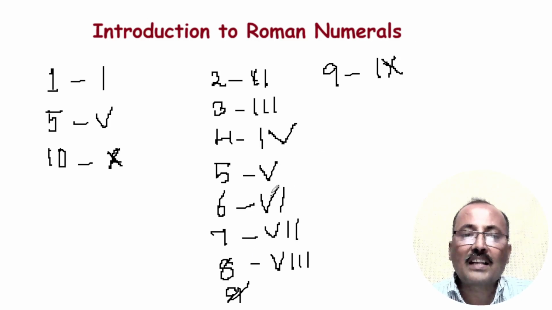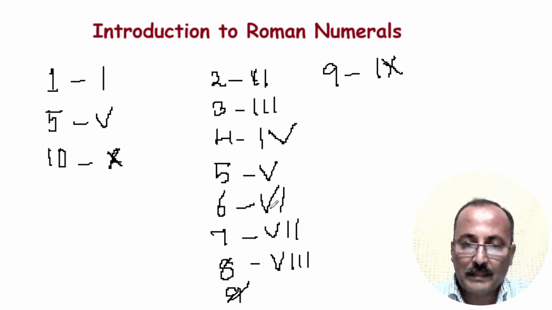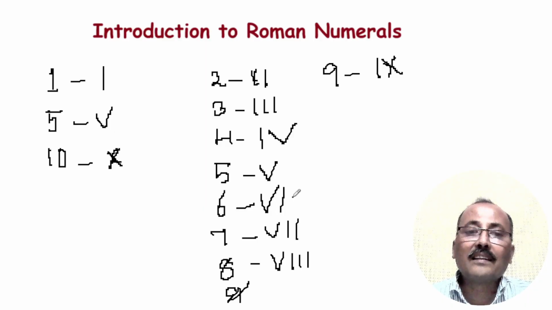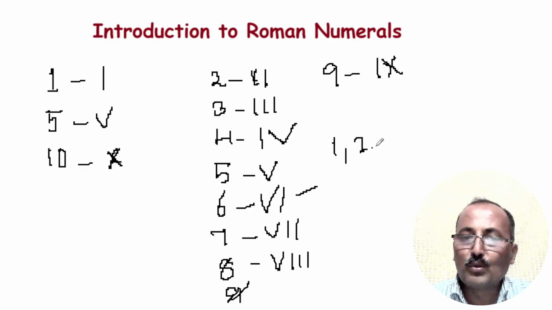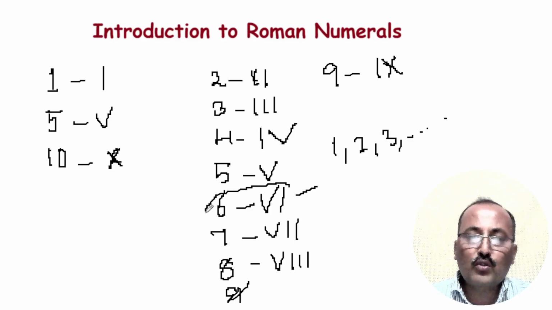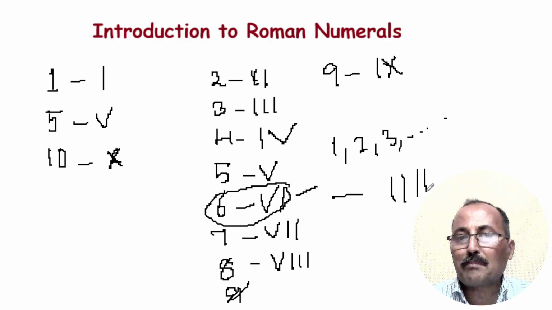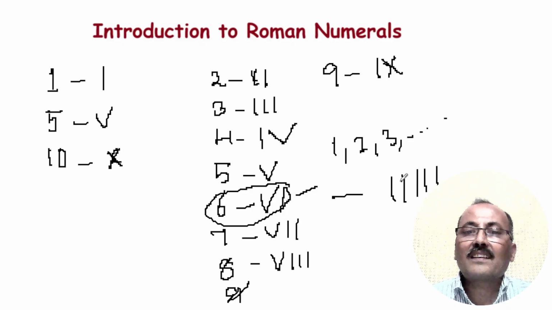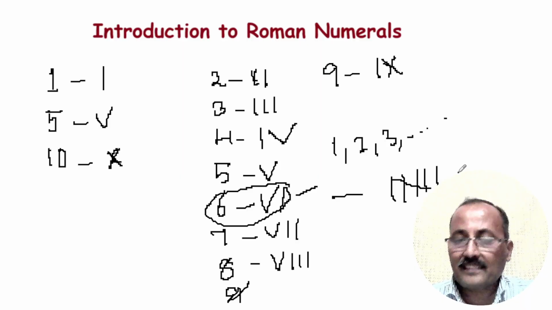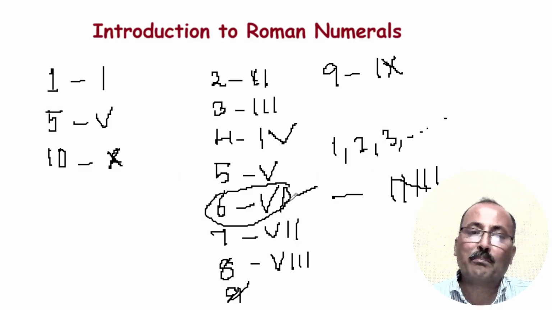Here the larger symbol is 5 and then 1. They didn't know these numbers 1, 2, 3, 4. They used the symbol to denote 6 sticks. You have to imagine like this: there are 6 sticks now, and to denote those 6 sticks, they use that symbol.